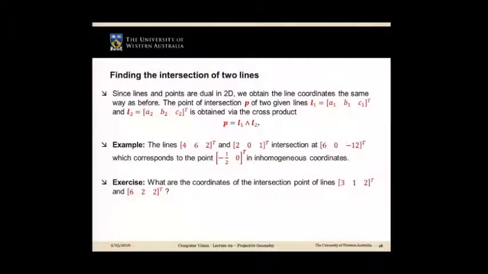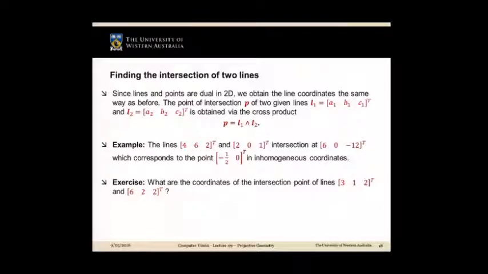So the 2 lines intersect at a point. When you take their cross product, they intersect at the point (6, 0, -12). But in inhomogeneous coordinates, this point is actually (-1/2, 0). Why is it -1/2, 0?